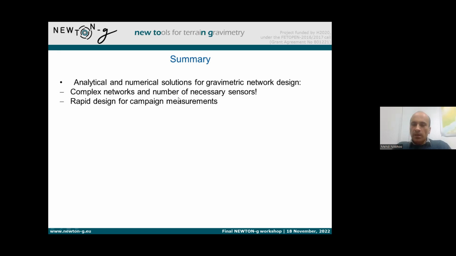In summary, we have developed analytical and numerical solutions for gravimetric network design. The numerical approach can be applied to complex problems involving topography, and addresses the optimal location and optimal number of gravimeters necessary in a network, and can be used for rapid design for campaign measurements as well.